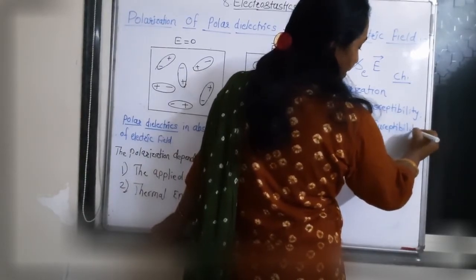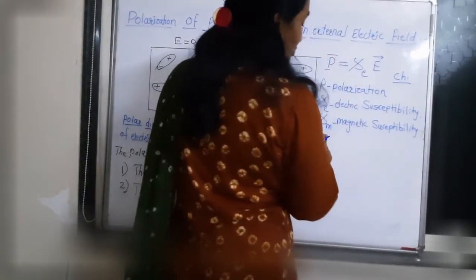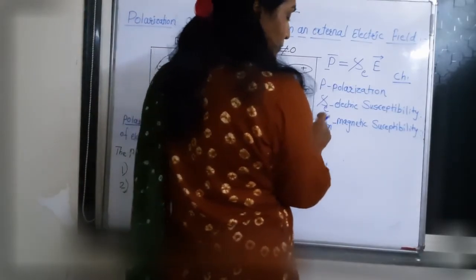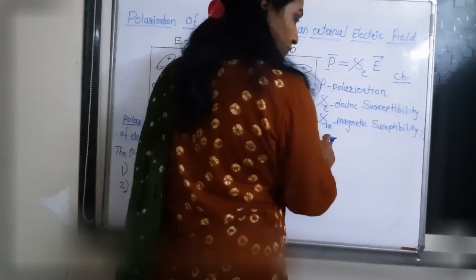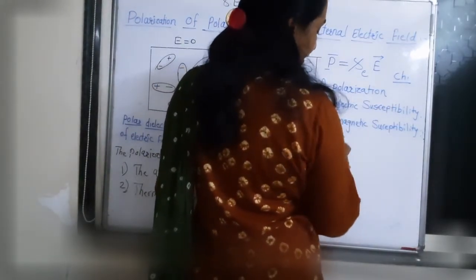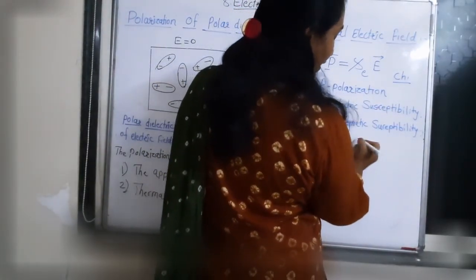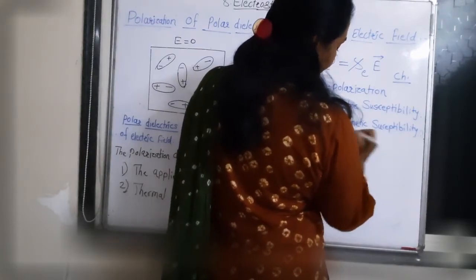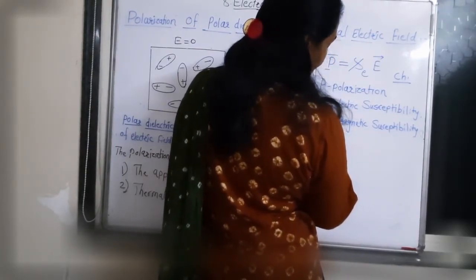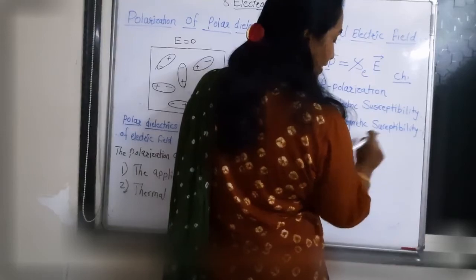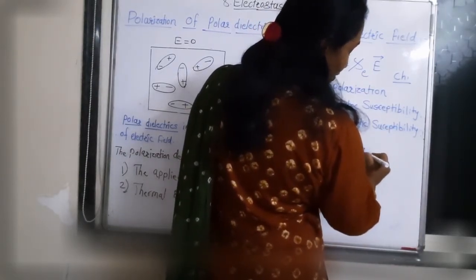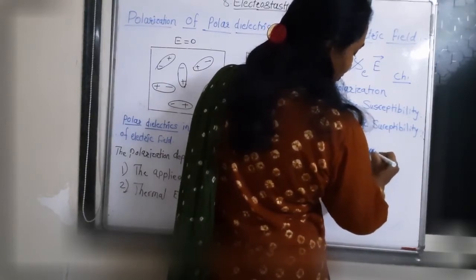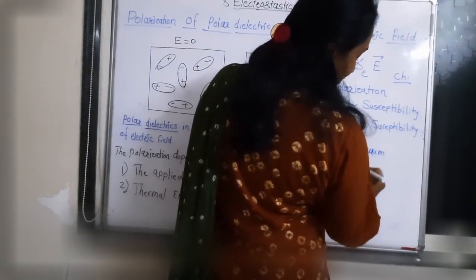This electric susceptibility describes the electrical behavior of dielectrics, and it has different values for different dielectrics. For vacuum, the electric susceptibility is 0.